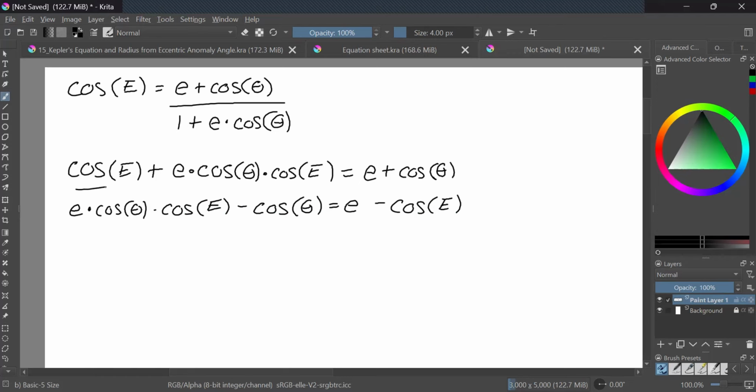We have 4 terms up top, 4 terms in the next line. Very good.